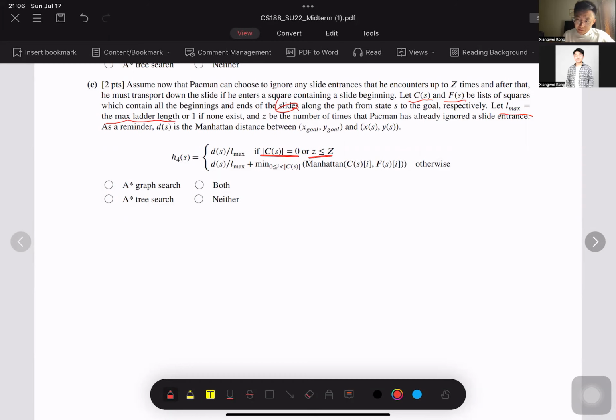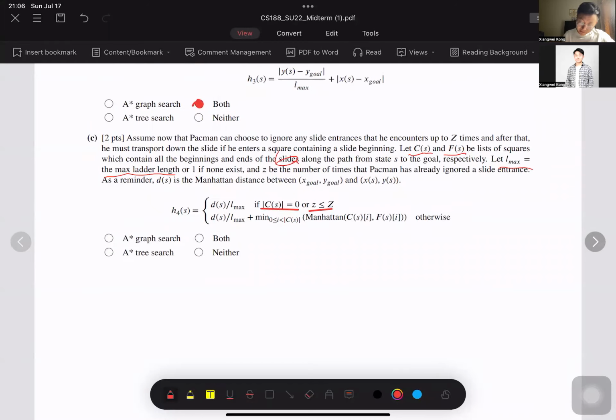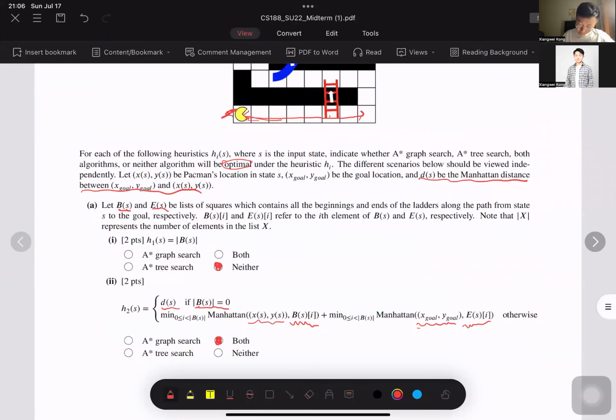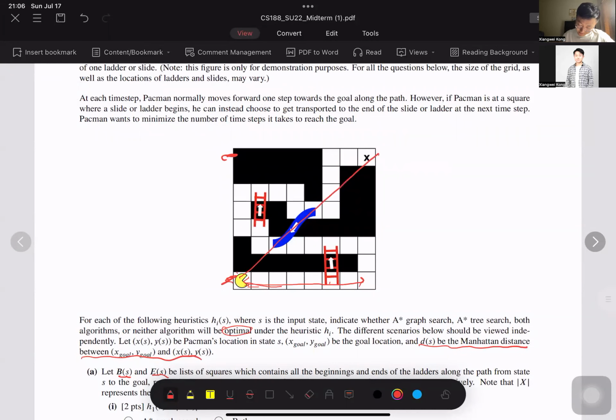One thing we consider here is that it doesn't say the ladder can only go straight up. So maybe the ladder goes this way, and using the max length divided by the Manhattan distance, maybe this will be larger than 1.